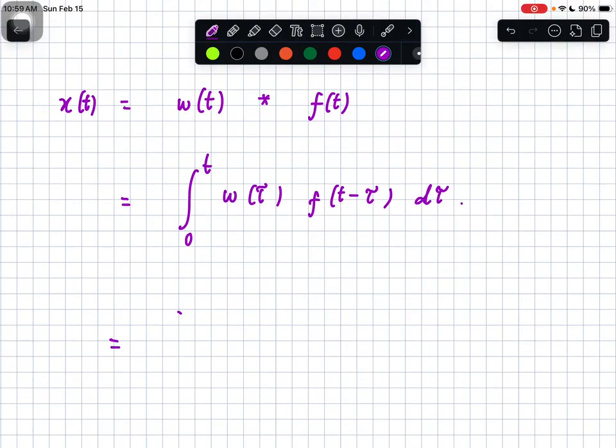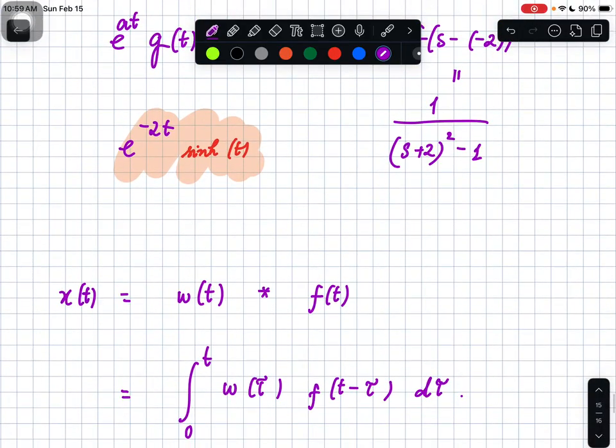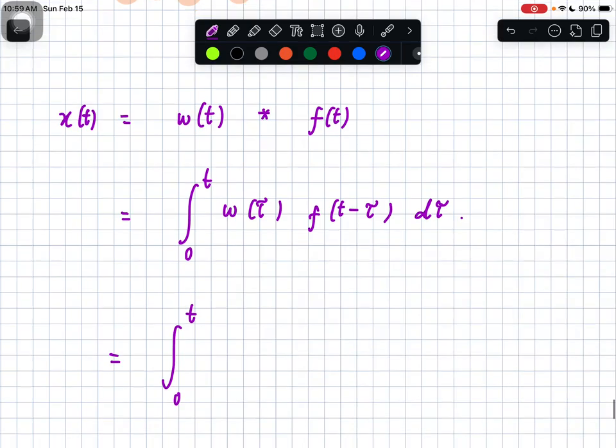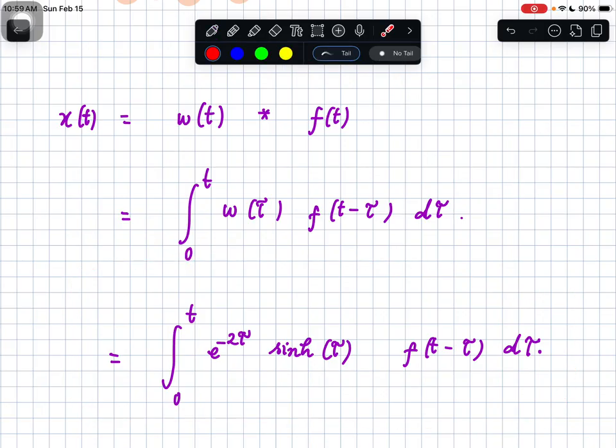By definition, the integral from 0 to t of omega tau, which is e to the minus 2 tau sine hyperbolic tau, times f of t minus tau d tau. So this is the final answer for the solution of the initial value problem we have using the Duhamel principle.